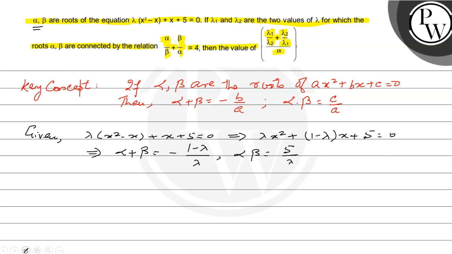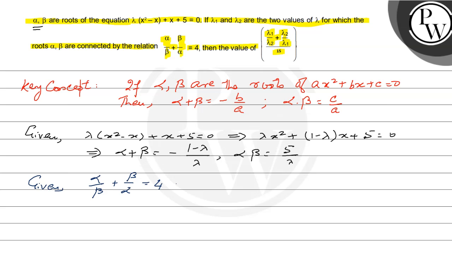Now it has been given that these alpha, beta of this equation which is given to us are connected by the relation alpha over beta plus beta over alpha is equal to 4. This is given.